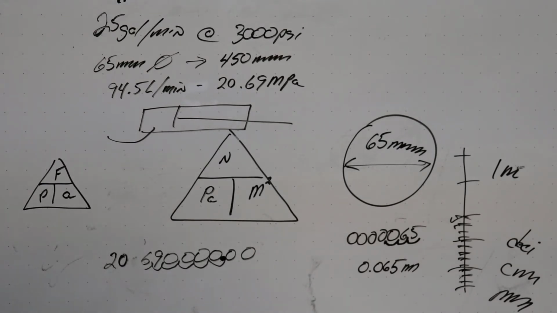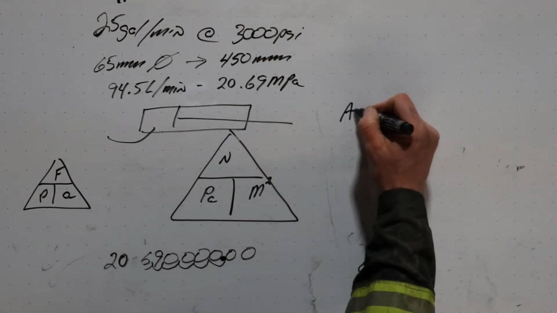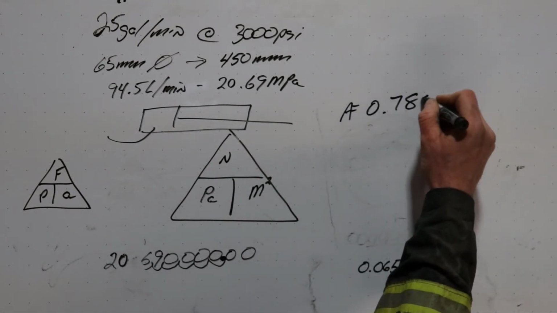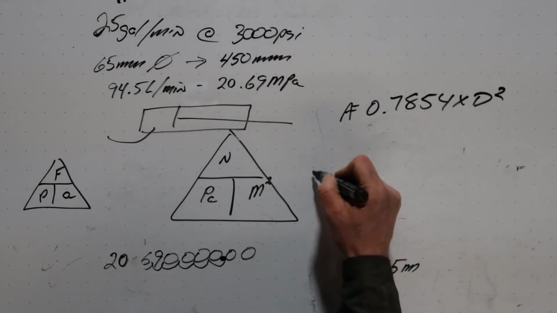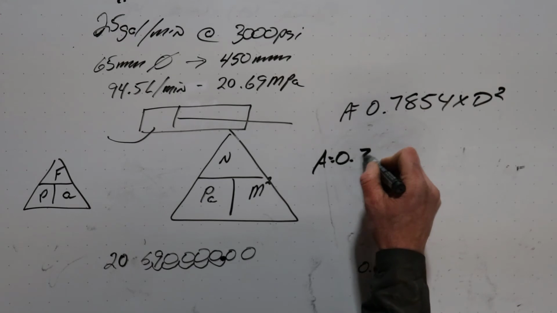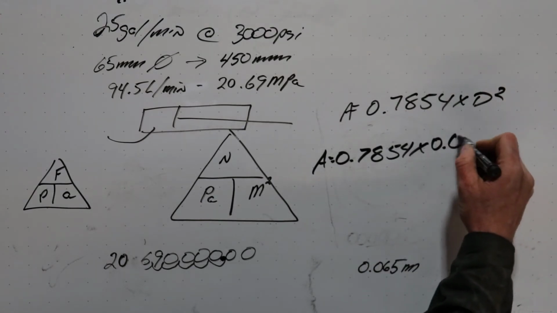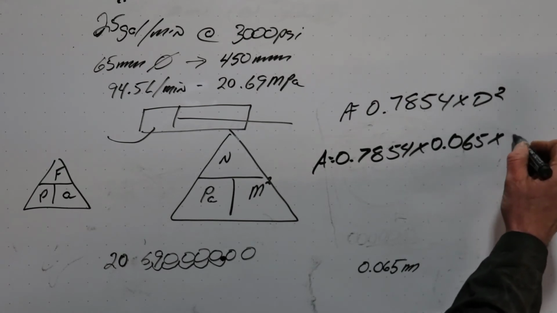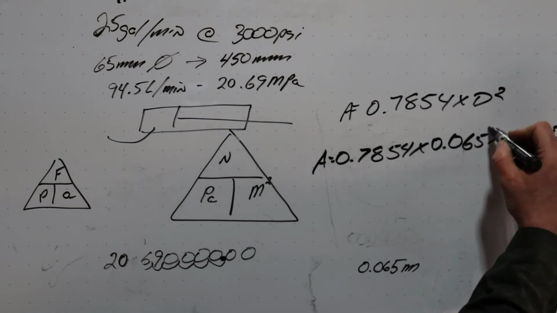Now I can do my area formula. Actually, I'm running out of room, so I'm going to get rid of some stuff. So area equals 0.7854 times diameter squared. Area equals 0.7854 times 0.065 times 0.065. These are in meters.